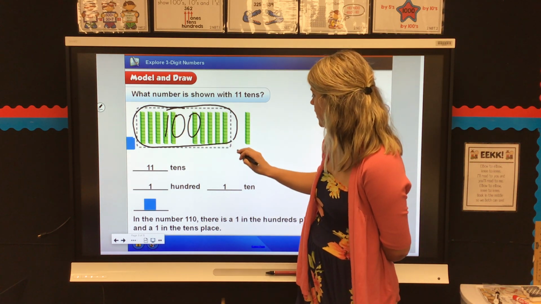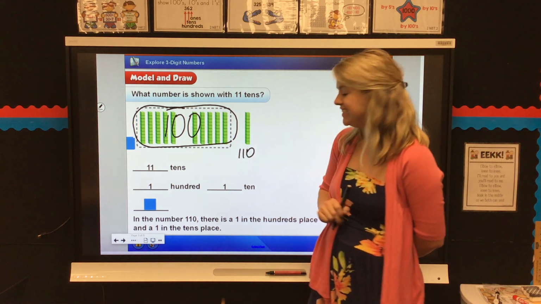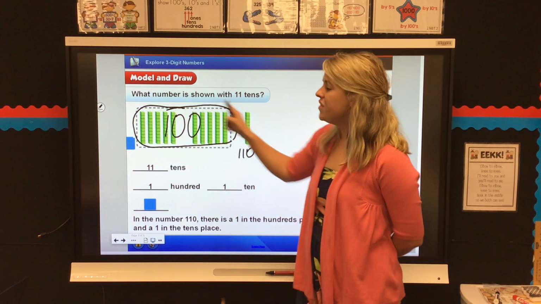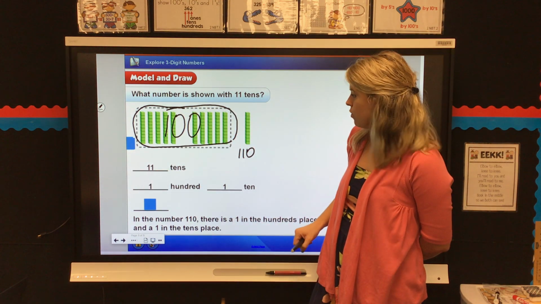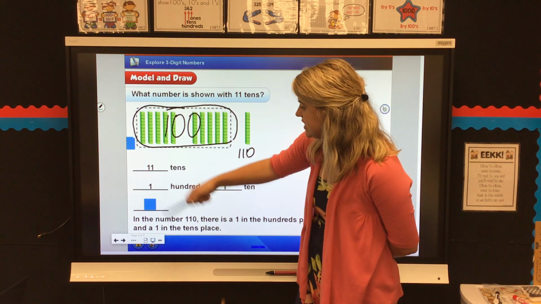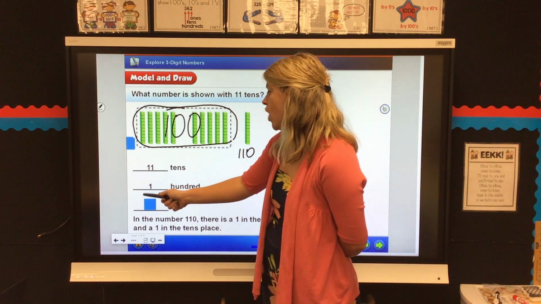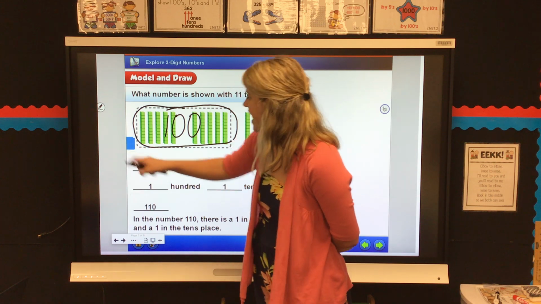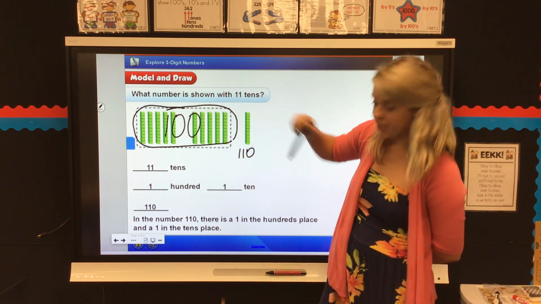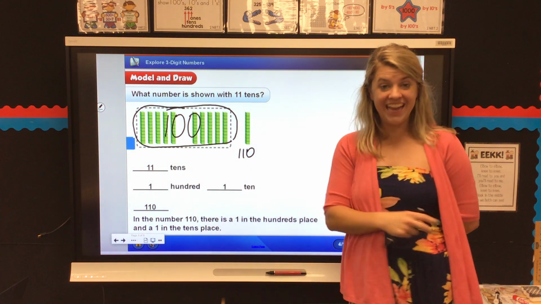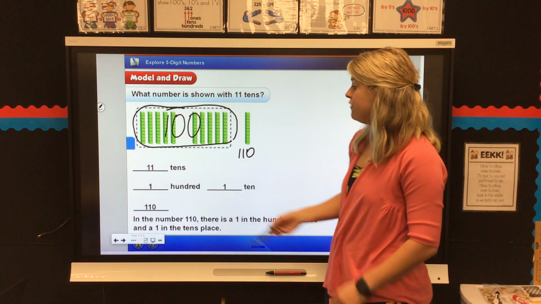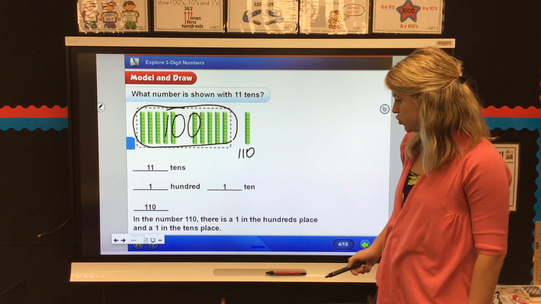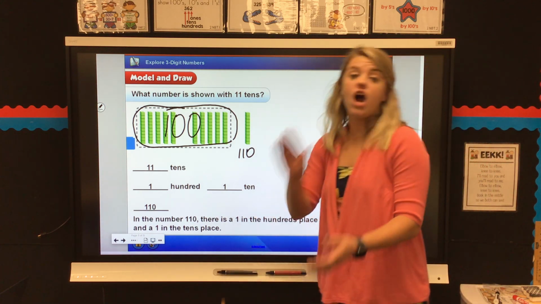So 100, 110. So what is our number that is shown with 11 10 rods? 11 tens is the same thing as a 100 flat and a 10 rod. And we know that that number is 110. Okay? So if we have 11 tens, that is going to be 110. All right.